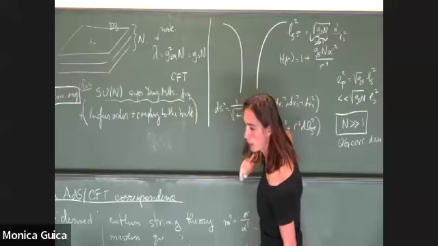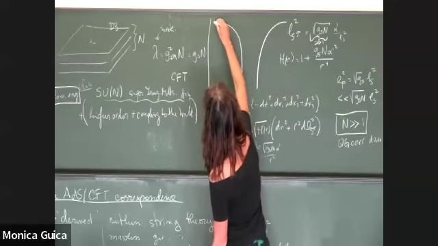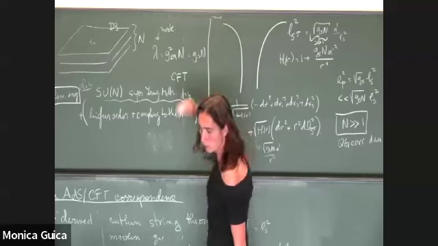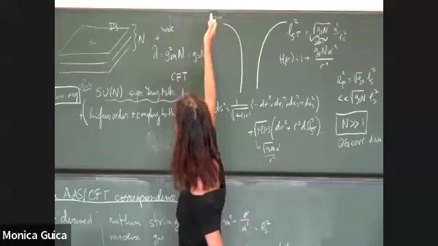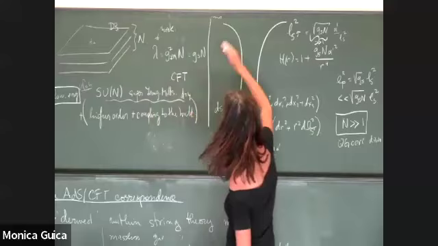And on this side, at very, very low energies, I'm getting the free gravitons again in the asymptotically flat part of the spacetime that I don't really care about. I can just cancel them on both sides.